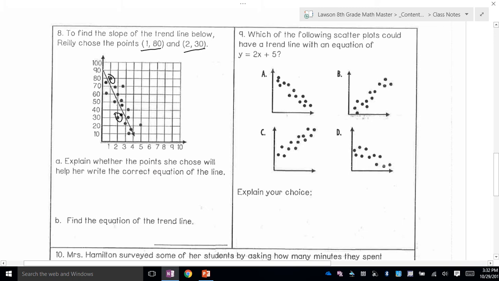Are those 2 points on the trend line? No. So will these points help her to write the correct equation? No, because they're not on the trend line. So we're going to say, to answer A, no, because they are not on the trend line.